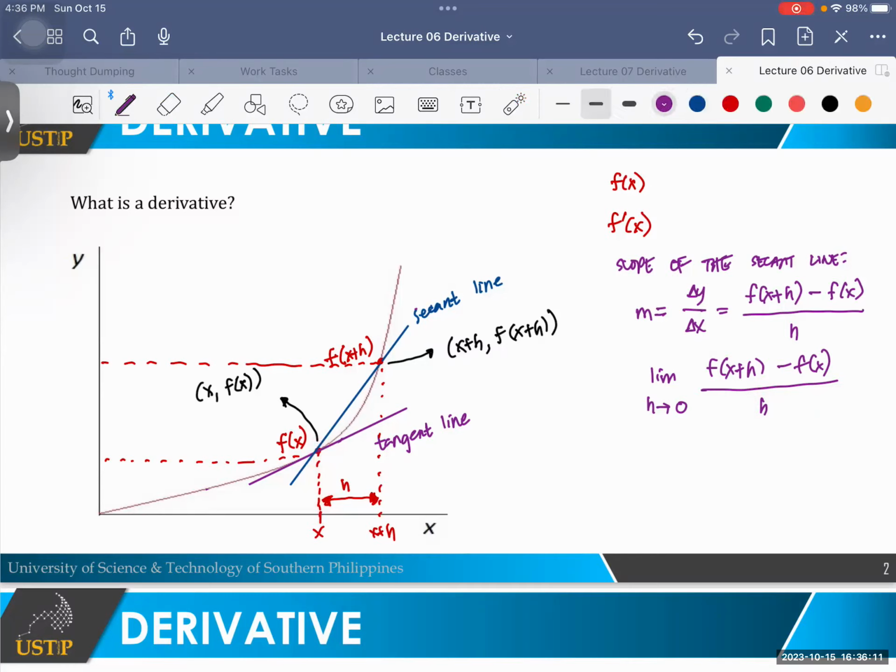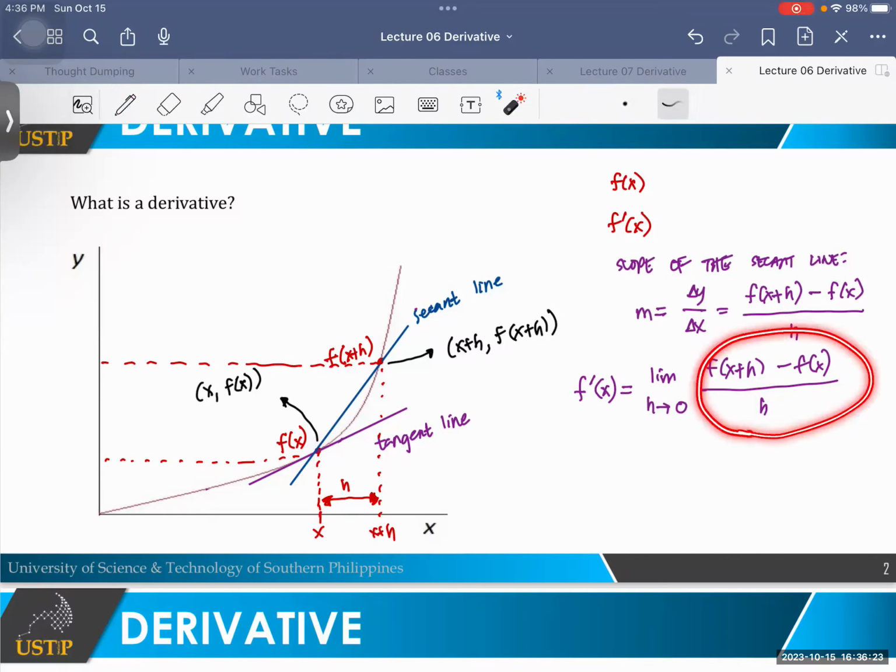So that means, class, in getting the derivative of function f of x, all we have to do is get the slope of the second line, but with h being very, very small. That then becomes the slope of the tangent line.